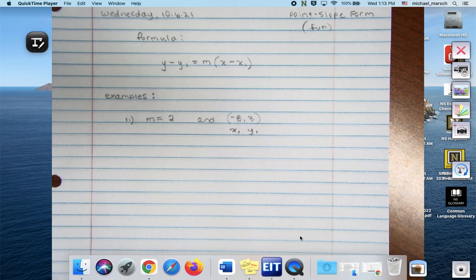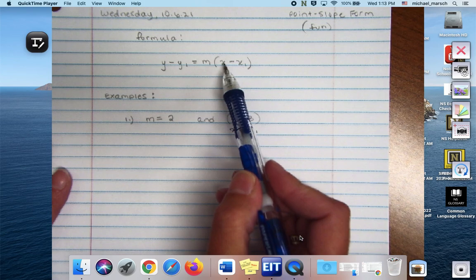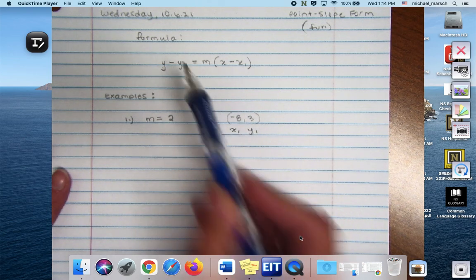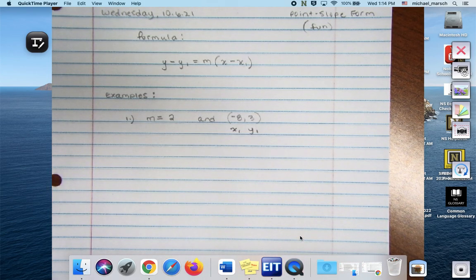Remember, in slope-intercept form, there's an x and a y that we don't have values for, right? Y equals mx plus b. So that's where this x and y come in. We're still not going to know those values. You're going to have to be okay with that.